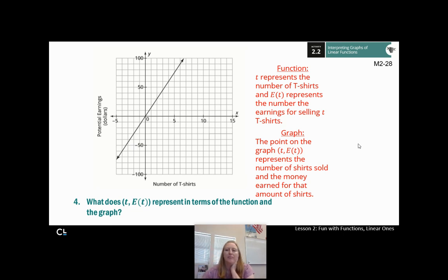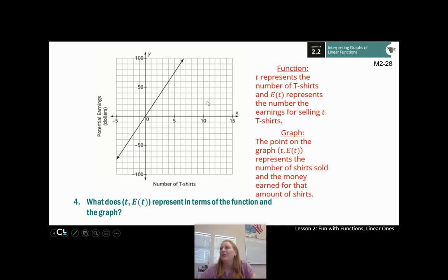You get the idea. So what I'd like you to do now that we have a function for e of t in addition to our graph, now that we know that e is our potential earnings and t is our number of t-shirts, and also you remember how last week when we did the whole find f of 1 and you plugged in a 1 and that told you what f of 1 is, or find f of 4 and we plugged in a 4, that's all it means.